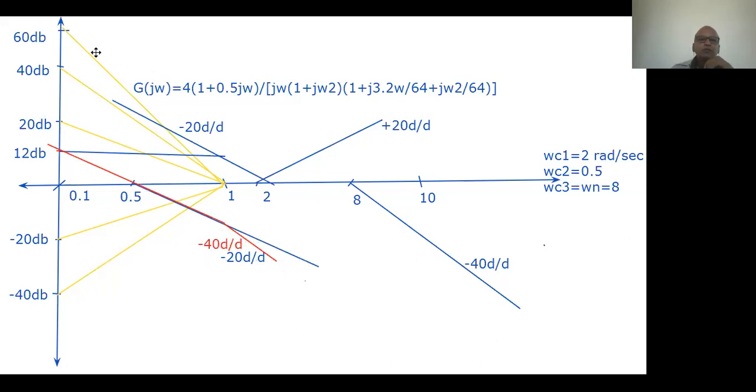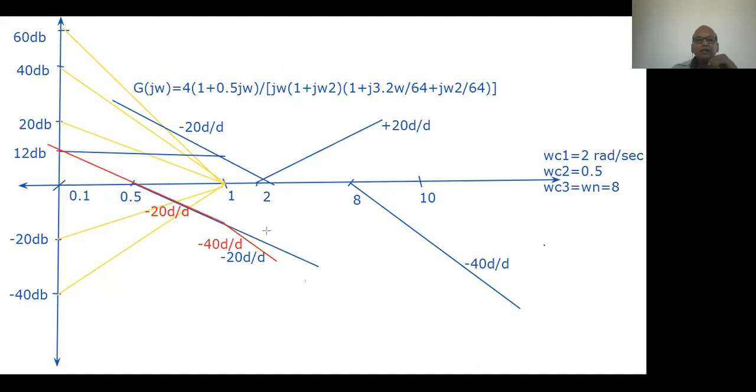What is the slope? The slope is equal to minus 20 dB per decade. This is the slope minus 20 dB up to this one. At this, it is minus 20, minus 40. Here is a plus 20, minus 40 plus 20.